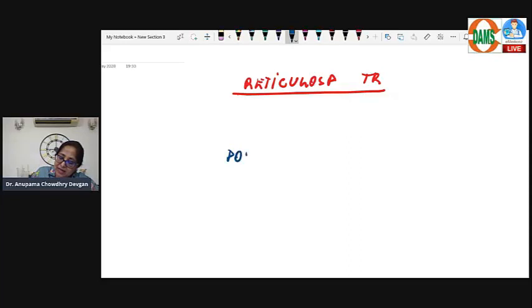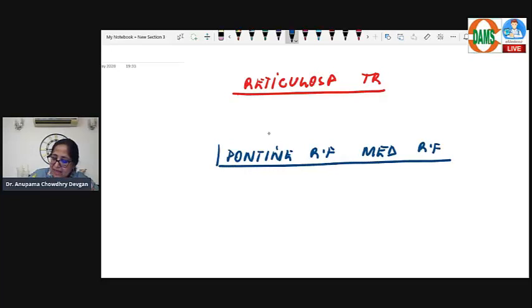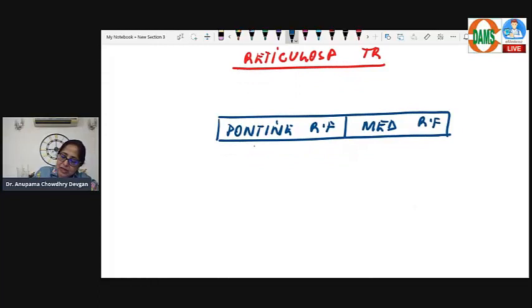So I can divide the reticular formation into a pontine reticular formation and a medullary reticular formation. I'm making it side by side. Of course, medullary reticular formation will be lower and pontine will be higher, but this is a diagrammatic representation. Now, the pontine reticular formation is an excitatory area. Medullary reticular formation is an inhibitory area.